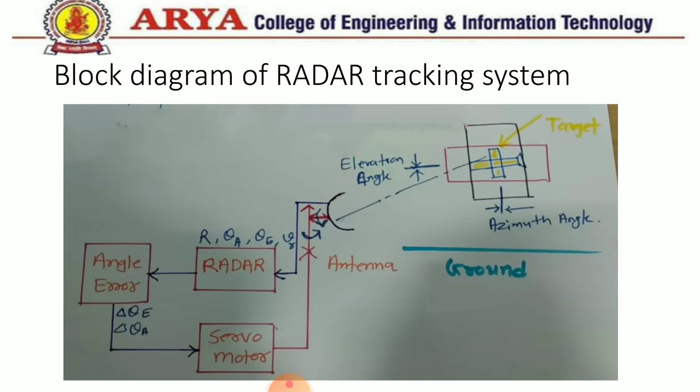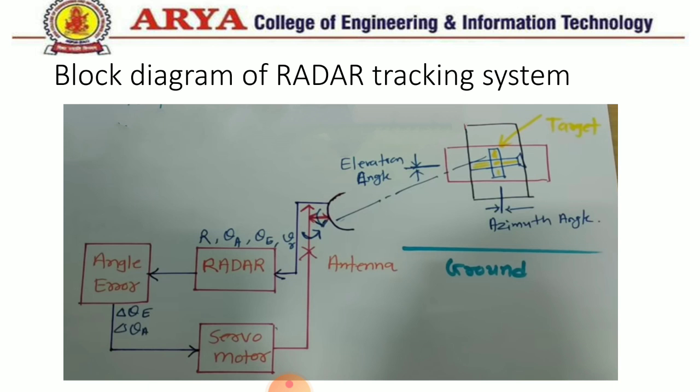Based on distance we can calculate range, as the transmitted and echo signal time period will justify the range. And when it is moving towards the antenna, our radar system will have two errors: one is elevation angle correction, and another one is azimuth angle correction.